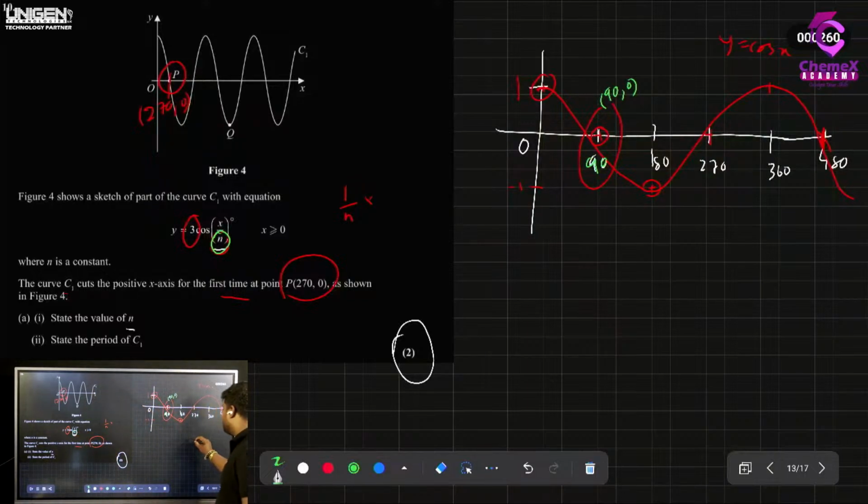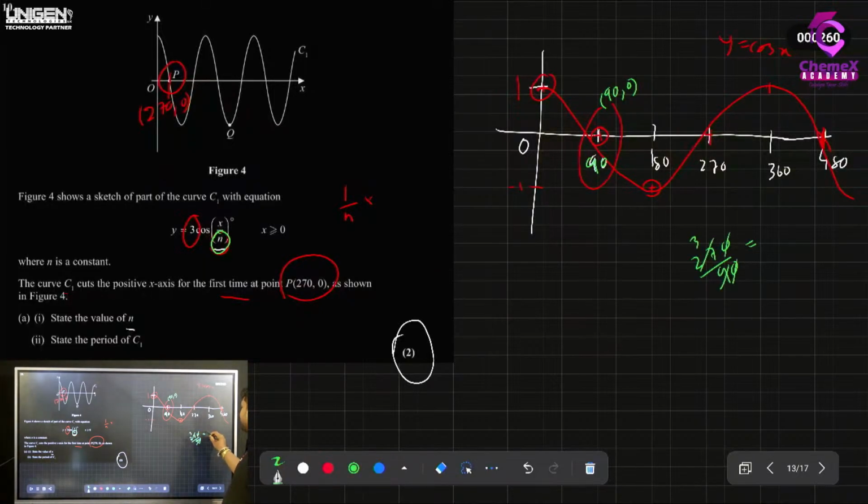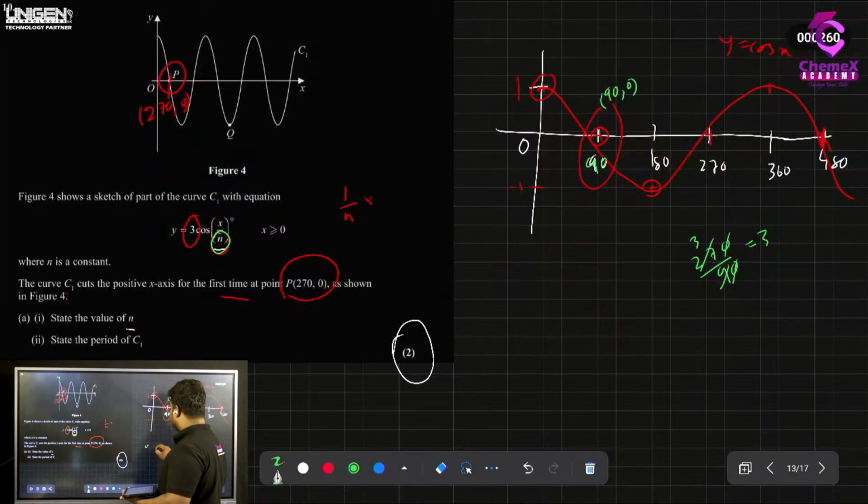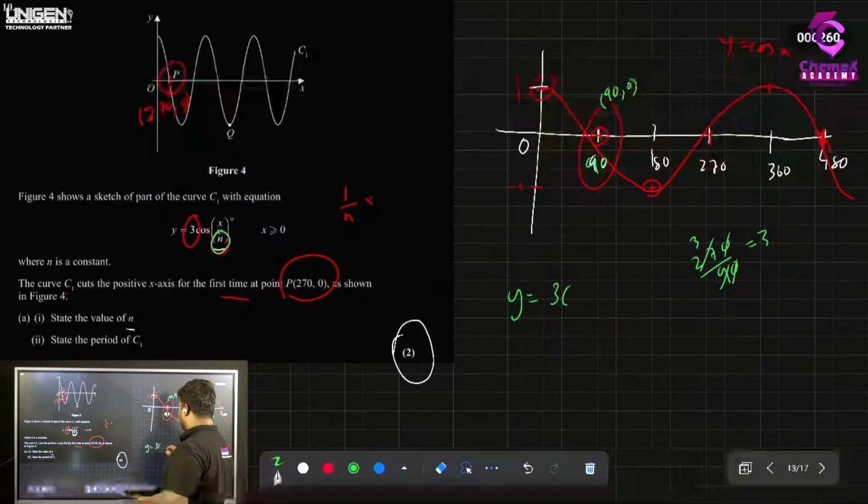You just divide 270 by 90. What is it? Number 3. You understand or not? Can you hear me? I can understand, sir. Okay, so that means y equals 3 cos x over n.